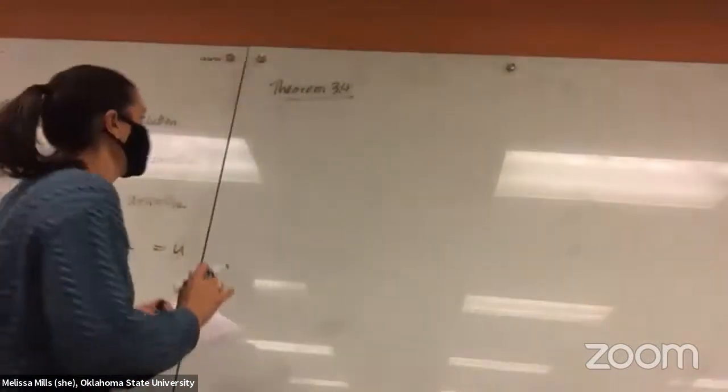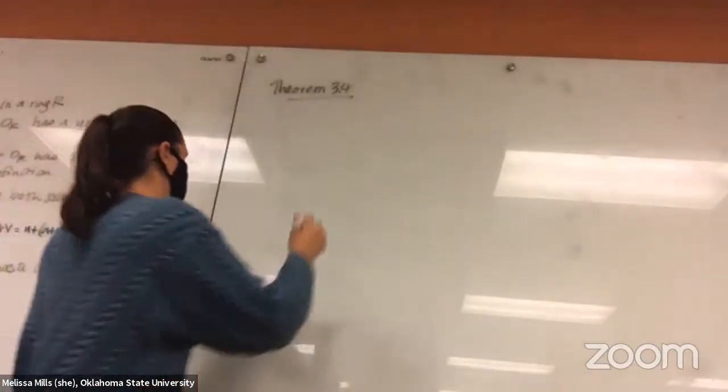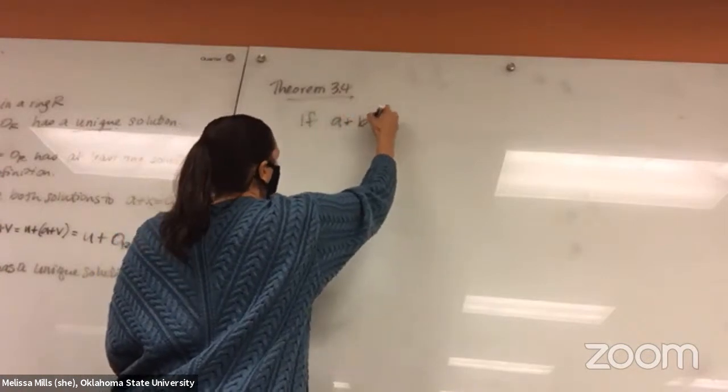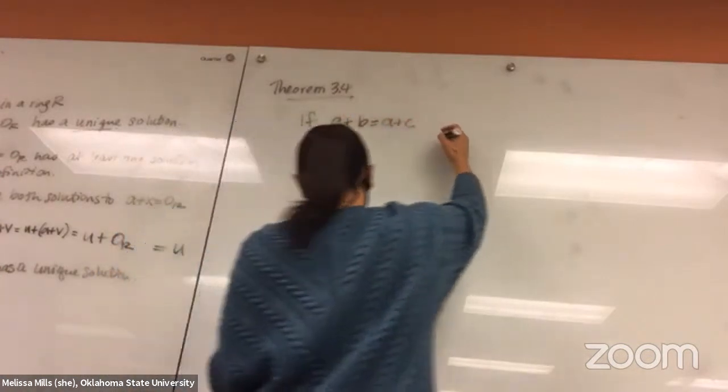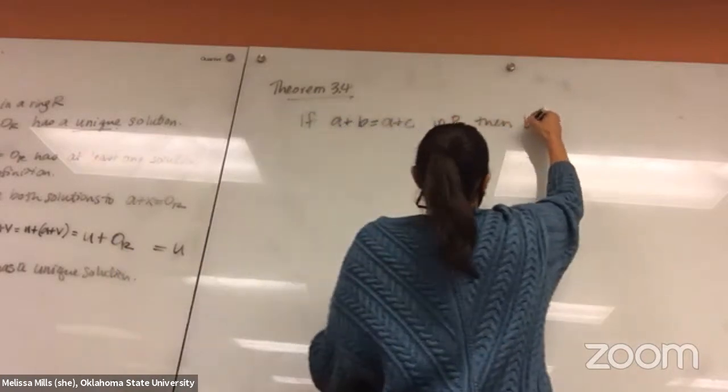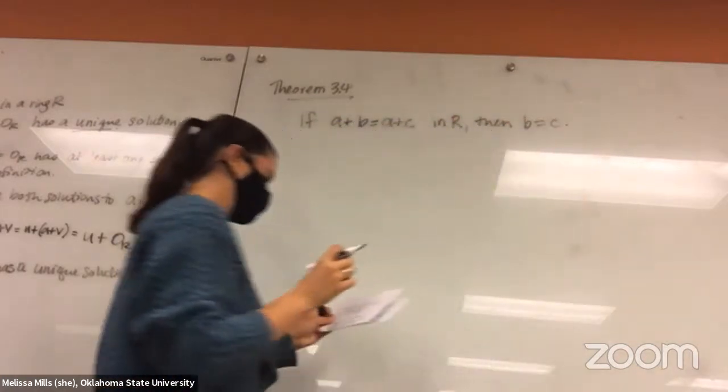Okay, so let's do theorem 3.4. It says if A plus B equals A plus C in R, then B equals C.